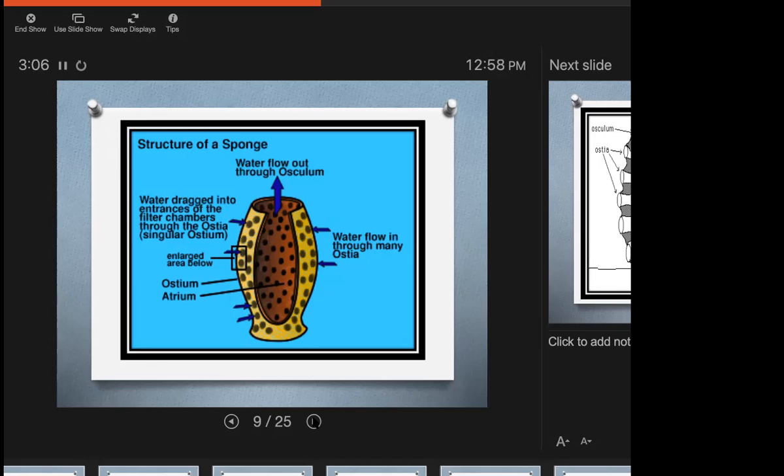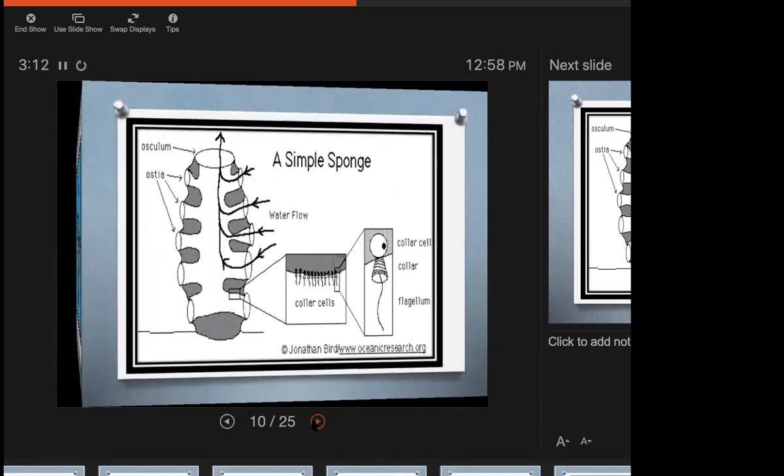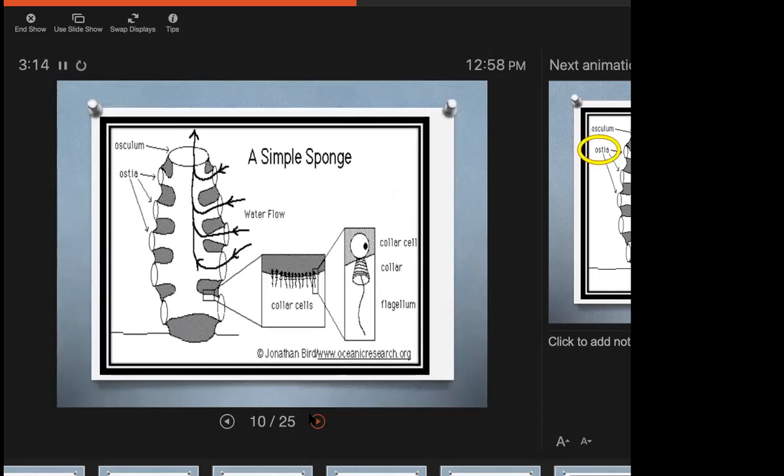So, what creates this current? Because that thing just looks like a barrel. Well, all of the internal tunnels are covered in what we call collar cells. They're called that because they literally do have a little ringed collar around these cells. So here you've got the cell body, which is where the nucleus is.